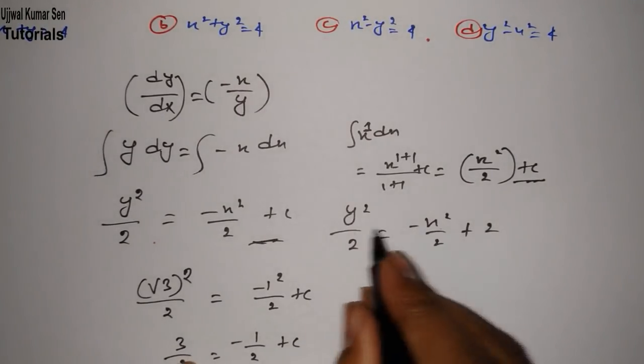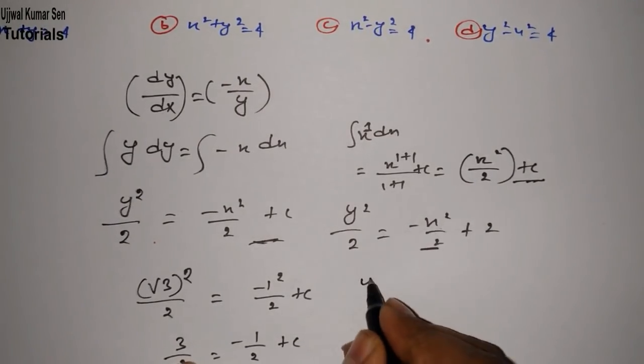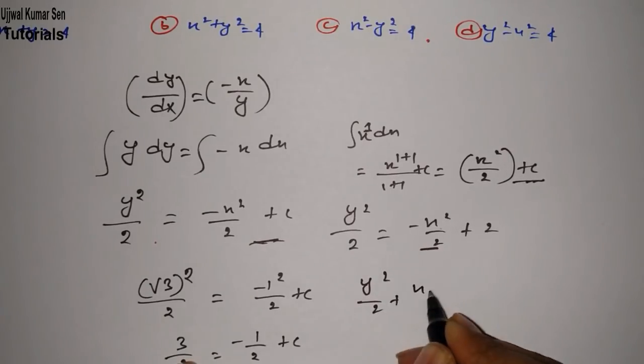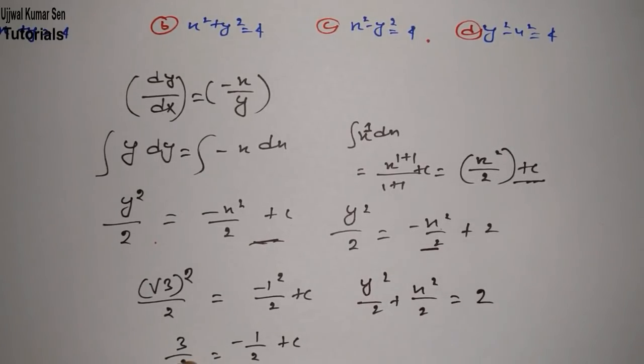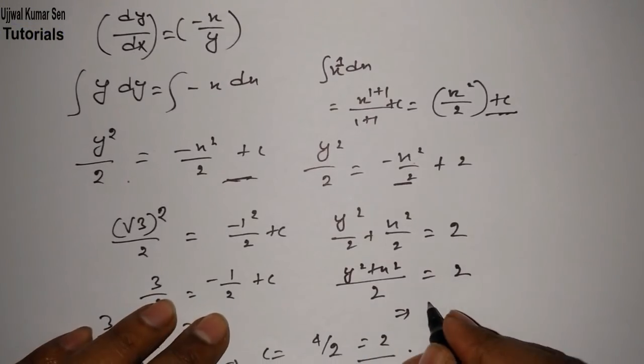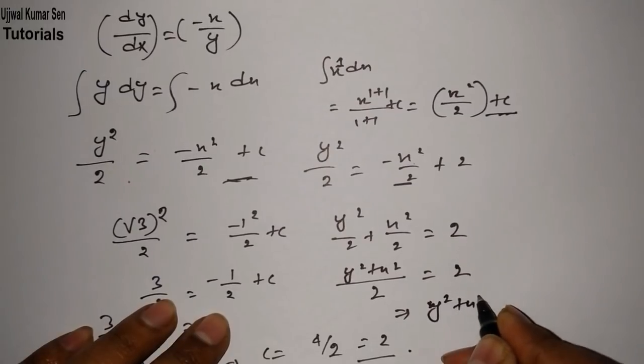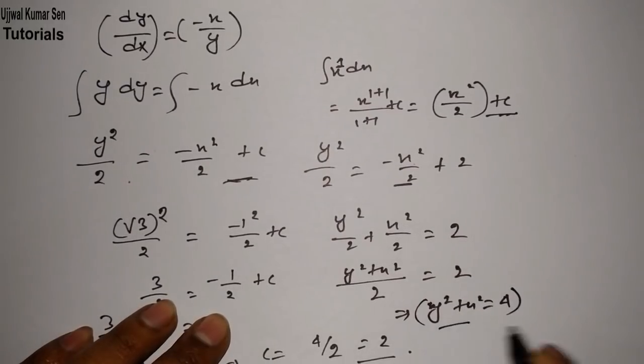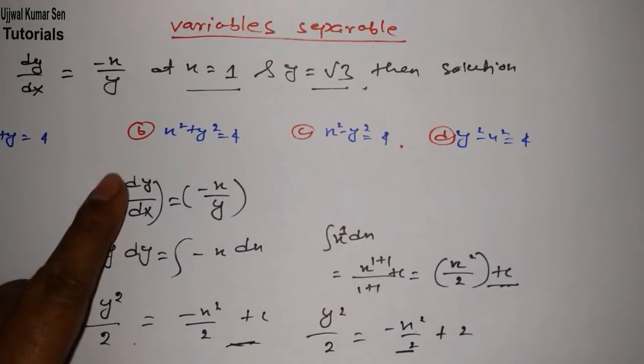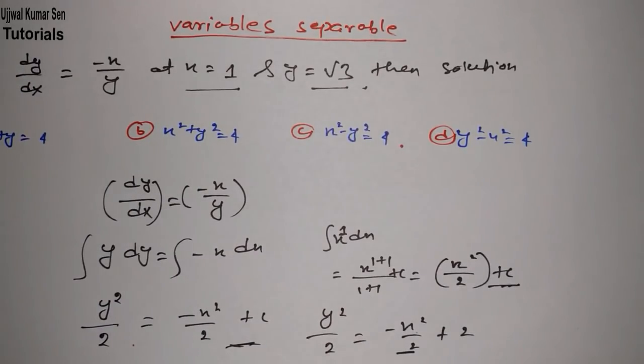Send this term to this side: y square by 2 plus x square by 2 is equal to 2. Taking the LCM, y square plus x square is equal to 4. Now match the answer. Option B is the right answer for this question.